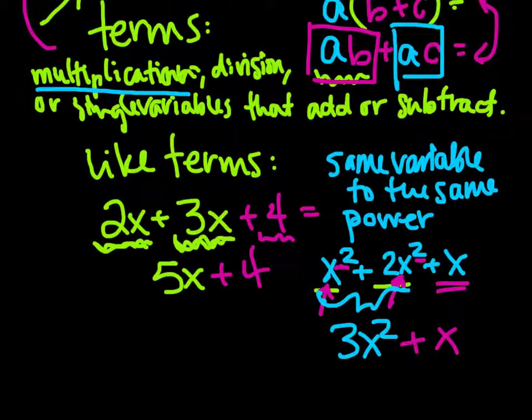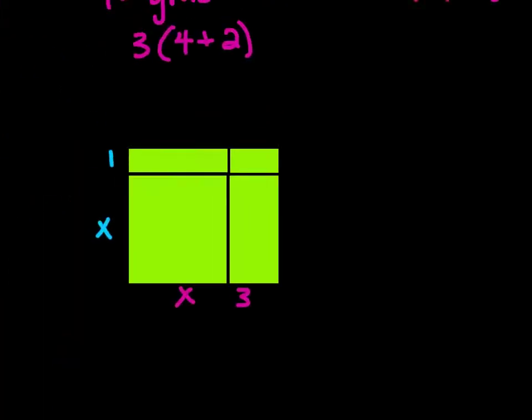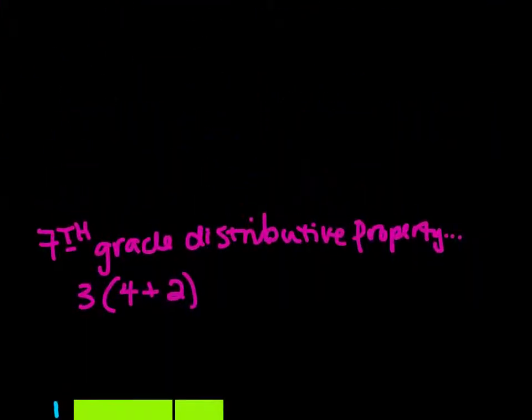So using all of these concepts of vocabulary words, we are going to utilize our awesome distributive property. So in 7th grade, you played around with the distributive property, and we've already kind of done a similar problem like this.